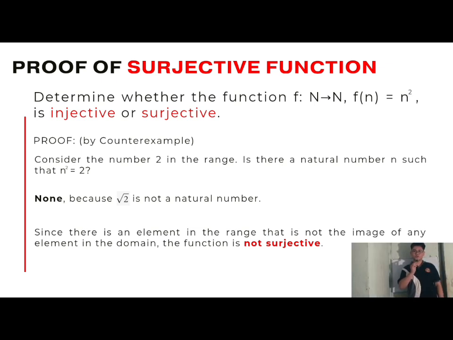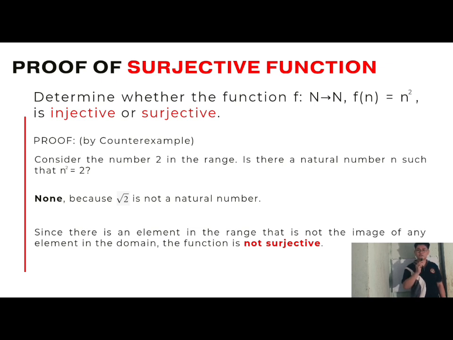Consider the number 2. 2 is acceptable as an output because it is an element in the set of natural numbers. But my question is, is there a natural number n that satisfies n squared is equal to 2? None, right? Because the only value that can satisfy n squared equals 2 is the square root of 2.